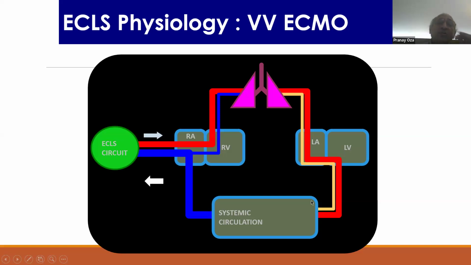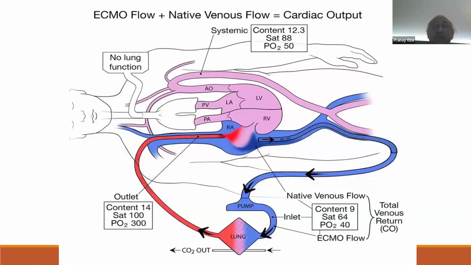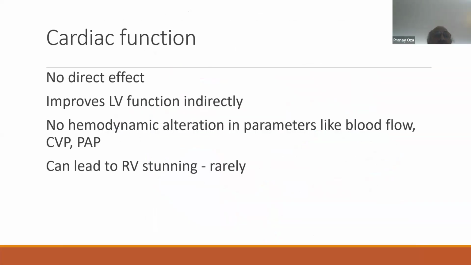So here the circulation is in series and not in parallel to each other. That's why there's not much of a hemodynamic effect because of VV ECMO. So there's no effect on the cardiac functioning.